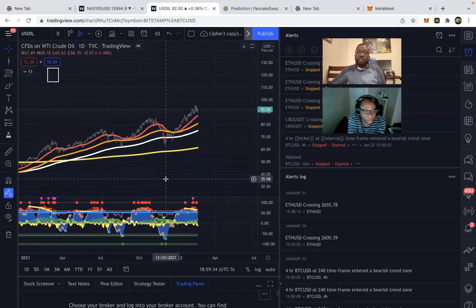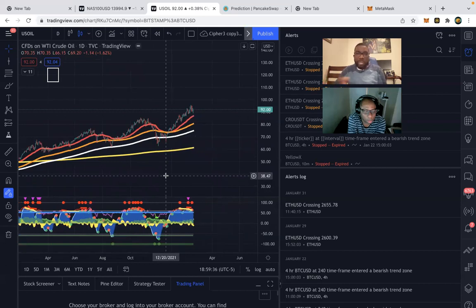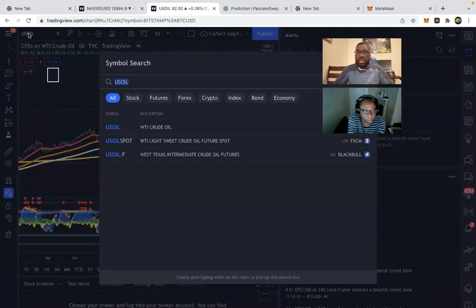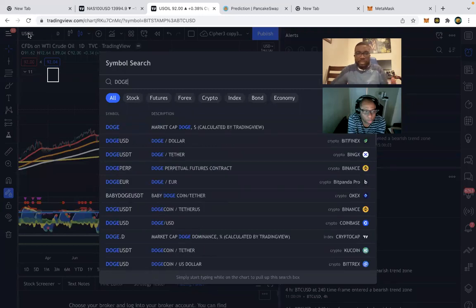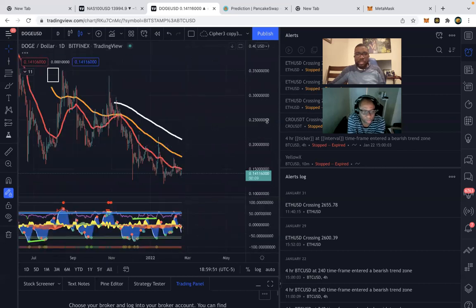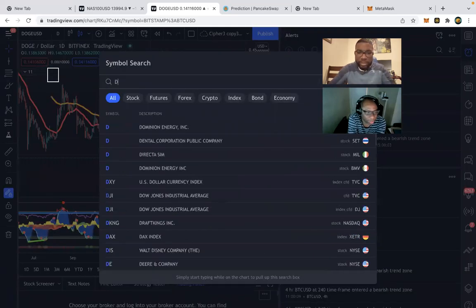Even with the meme stock, GameStop, you would have caught it before the news was telling people, oh my God, why is it going up? Or even Dogecoin, when Doge was going nuts. Let's look at Doge. Let me look at a better chart here.